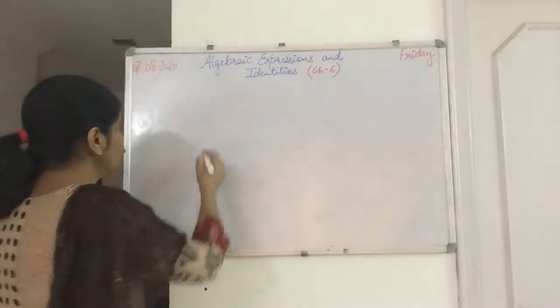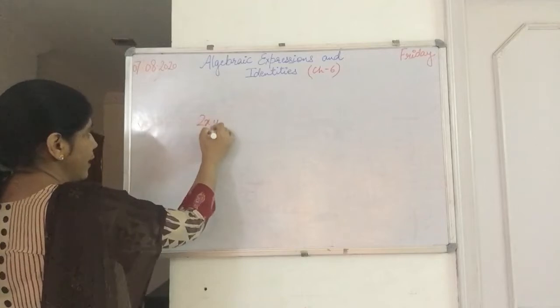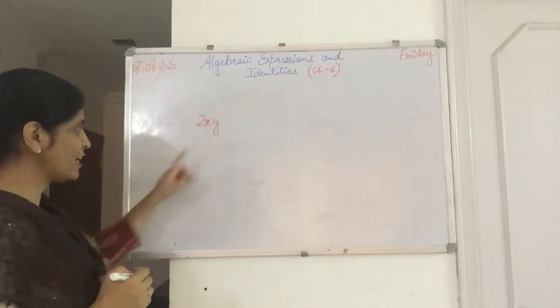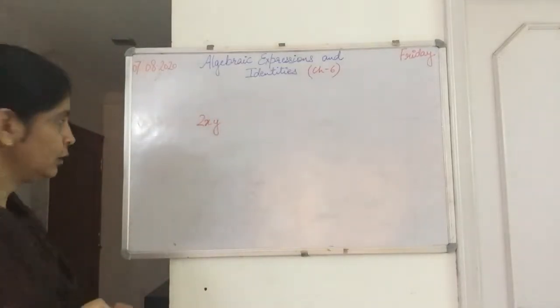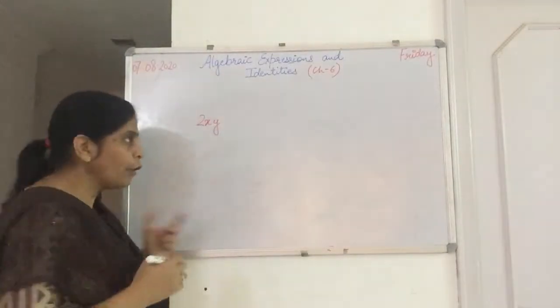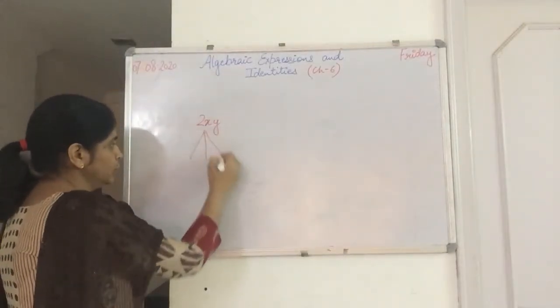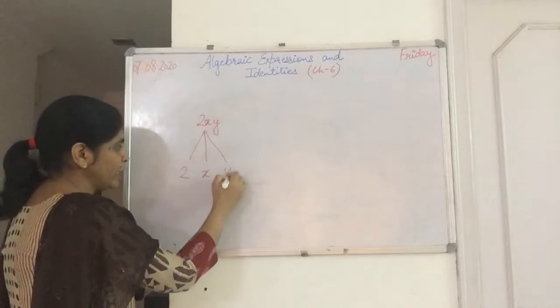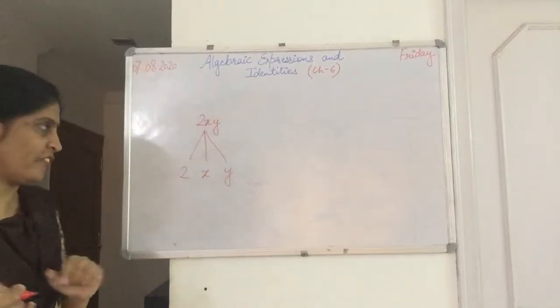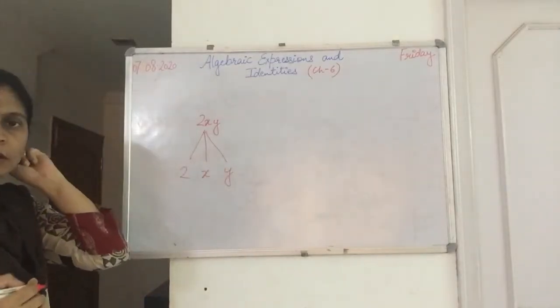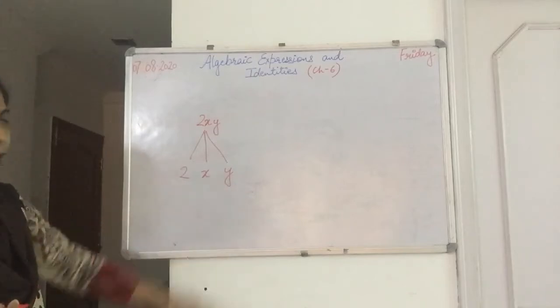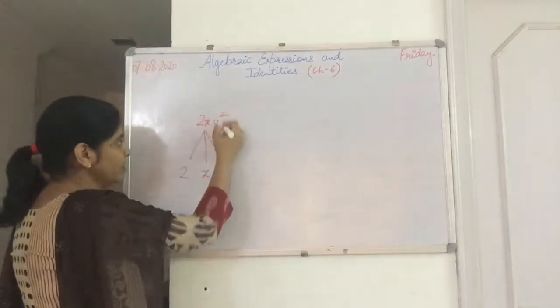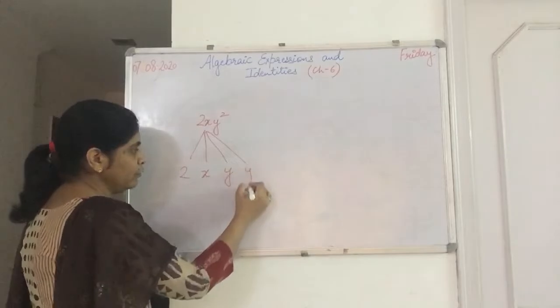If I give you a term, 2xy, it has 2 variables, x and y, which are multiplied together. So how do we write the factors? 2, x, y. You have studied this in class 7. How to write factors? 2 multiplied by x multiplied by y.